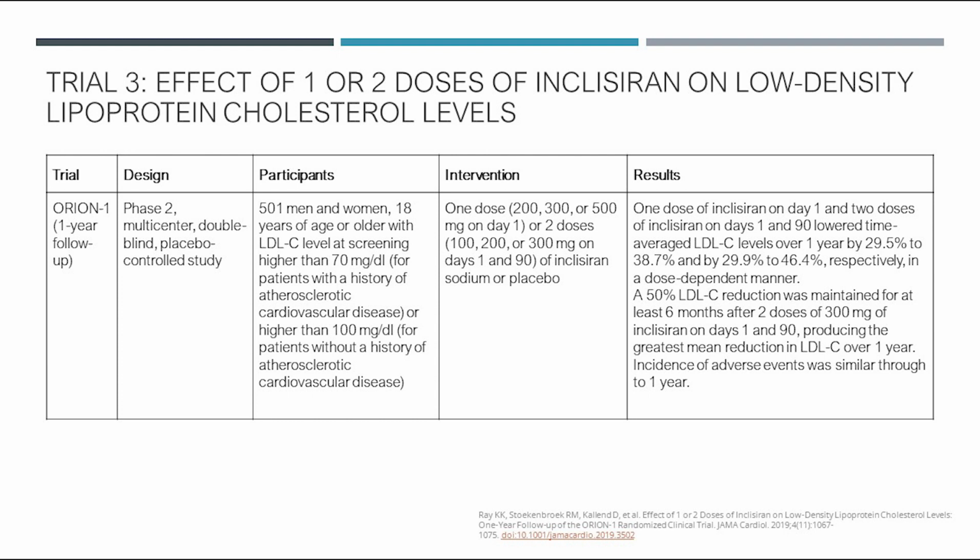On average, patients actually maintained an LDL reduction of 50% for at least 6 months after 2 doses of 300 milligrams of Inclisiran on days 1 and 90, producing the greatest mean reduction in LDL over 1 year.